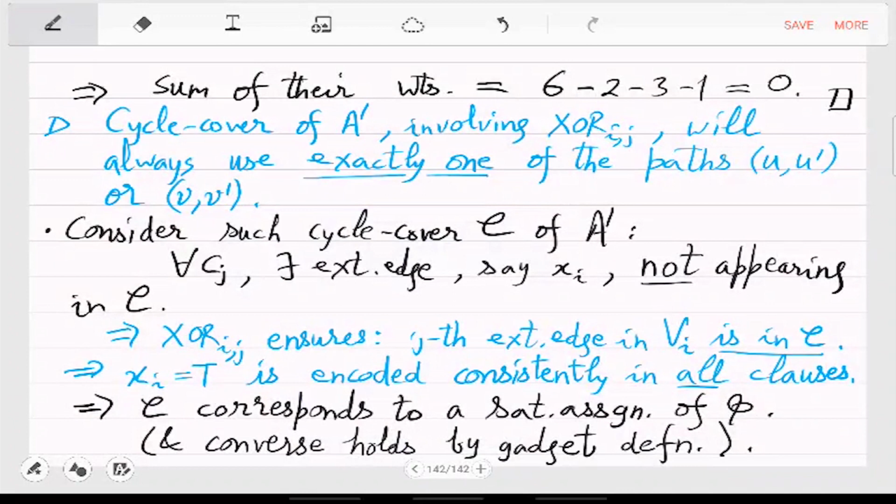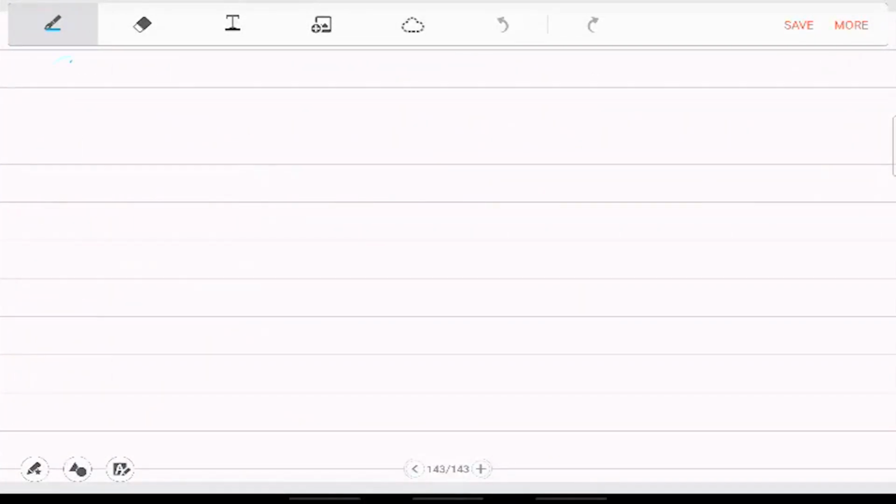What we have achieved is a very big step, that we have set up a one-to-one correspondence between assignments of phi and cycle covers, but we still have to check what is the value of the permanent. So let us do that. So we said that, suppose UU prime is there in the cycle cover in the XOR gadget.